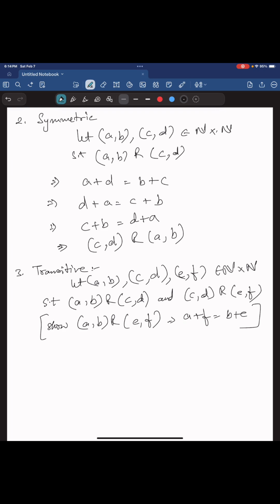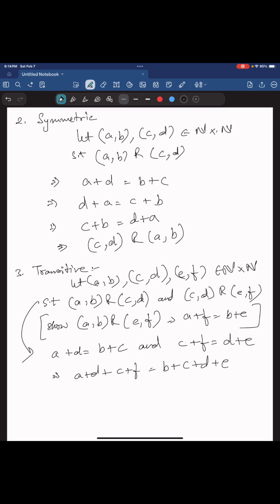So let's see. Now, seeing our condition, (a, b) related to (c, d) is nothing but a + d = b + c, and similarly c + f = d + e. Let's add these two equations. So we get a + d + c + f = b + c + d + e, right?